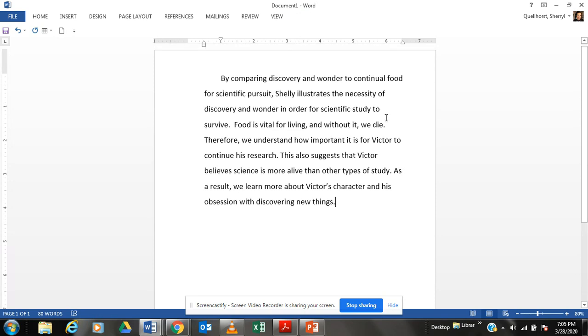All righty. Let me make this a little bigger so you can see everything here. All right. Do you see all the elements I did? First, I did the part where I talked about what was being compared. And when you are doing metaphor, you have to use the word compare or compares or comparing. You have to do that. You have to also list the things that are being compared.